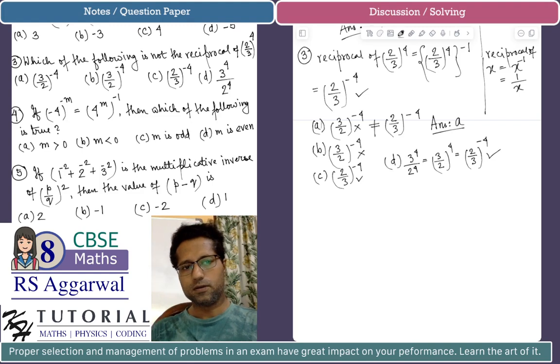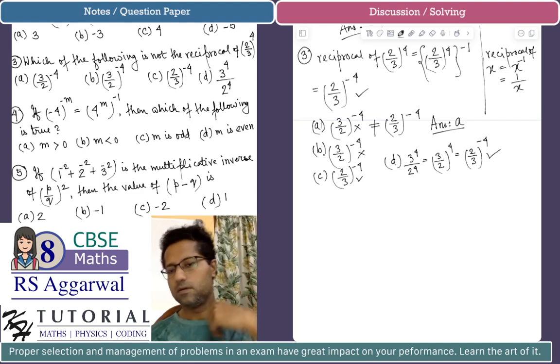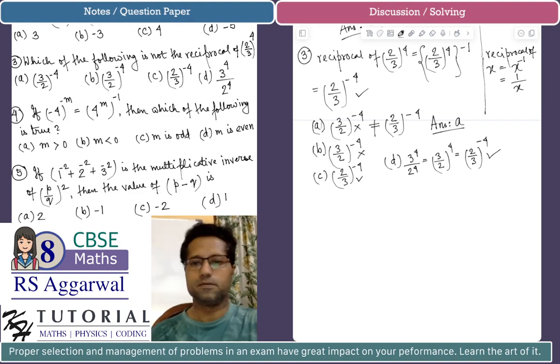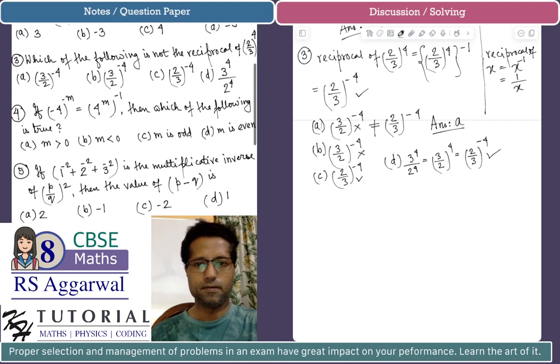So choices A and B are not the reciprocal of the given number. I might have wrongly copied choice B; it should have been something else. Anyway, there was a mistake in the choices of this problem, but I hope you got the idea.